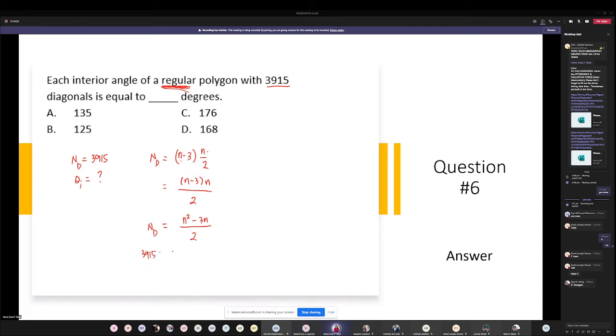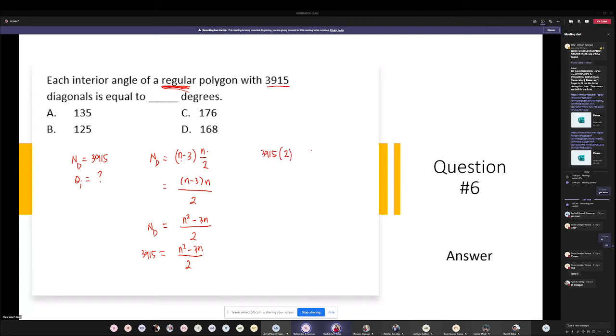So we have 3915 is equal to n squared minus 3n all over 2. Okay, so we need to get rid of 2, right? So we have to multiply the whole equation by 2, or what we call cross multiplication. Meaning we need to multiply 3915 and 2.